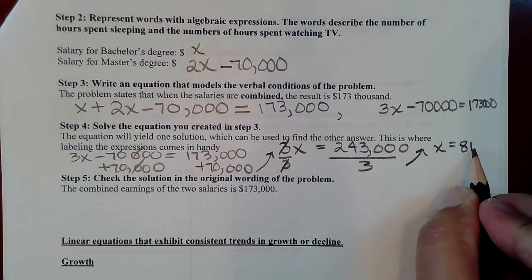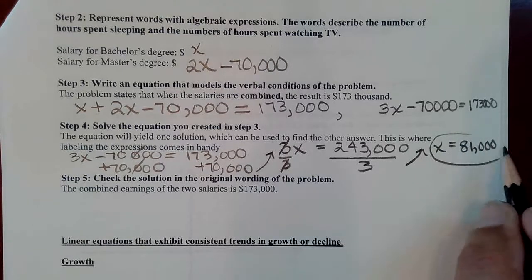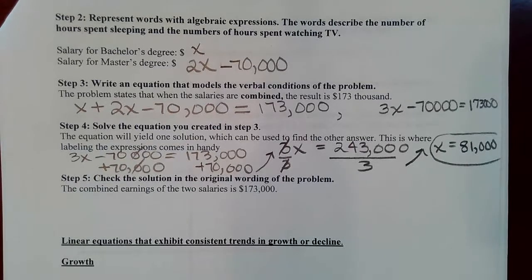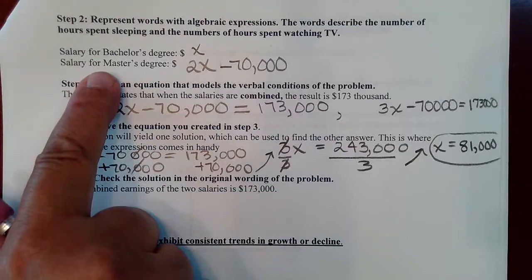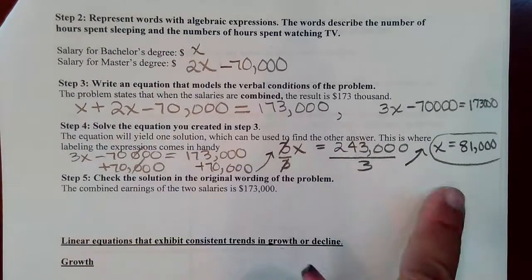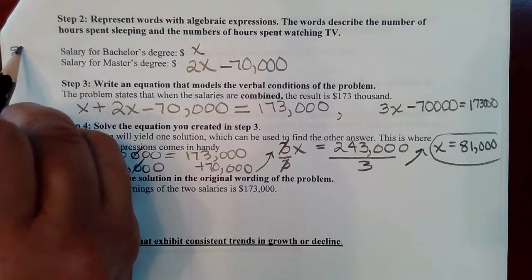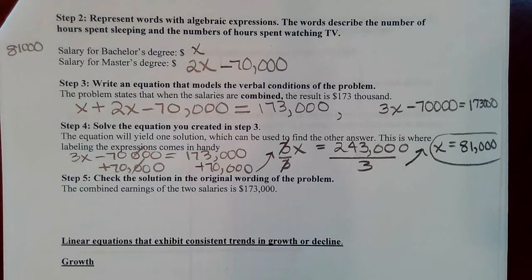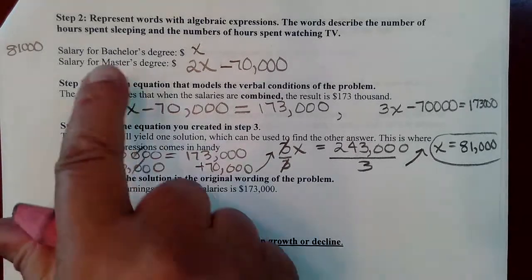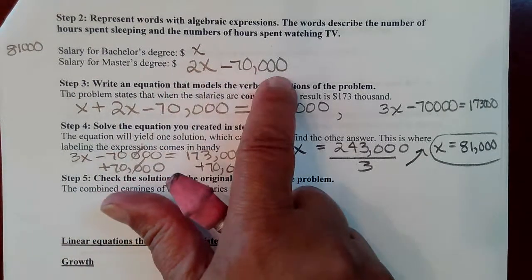Again, at this point, very helpful to know what X stands for, so you don't deliver it as an answer that it really doesn't stand for. So coming back to our labelings right here, bachelor's degree is the X value that we find. So this is the 81,000. And then from the wording of the problem, they said that the master's degree would just be twice that amount minus 70,000.